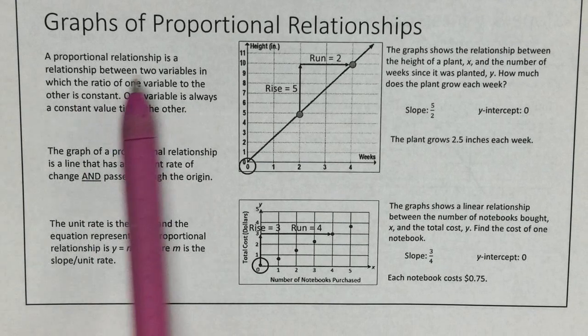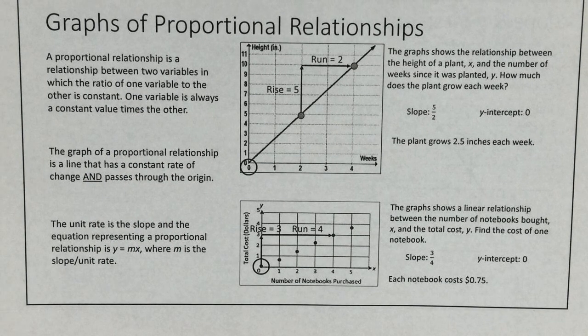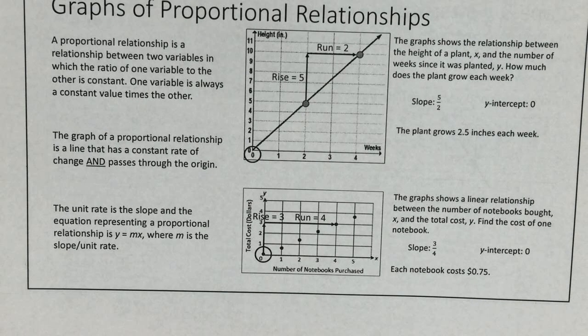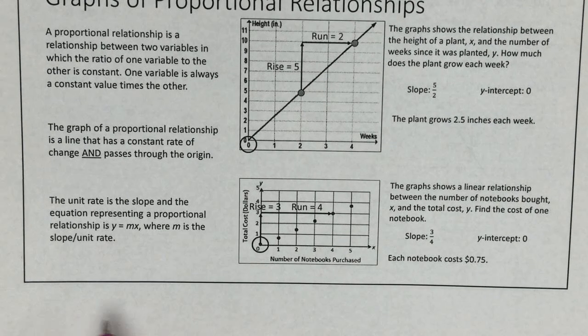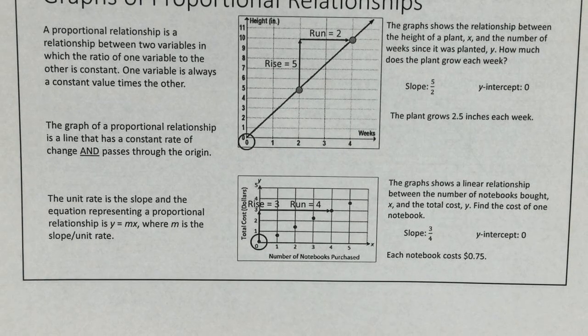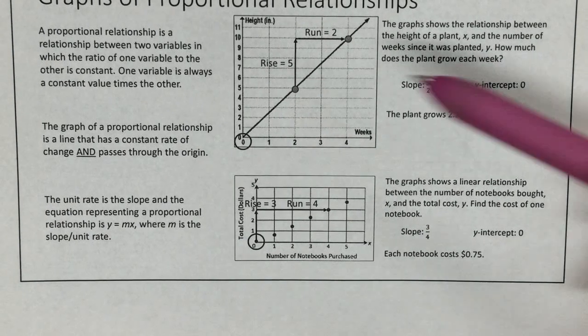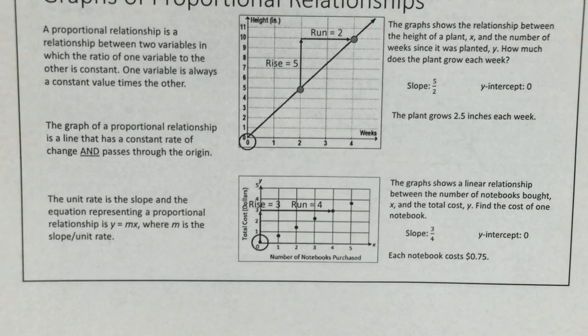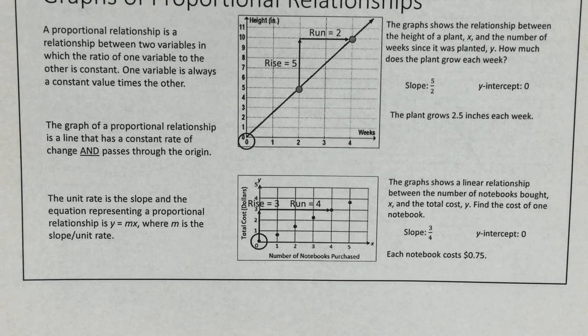So it says a proportional relationship is a relationship between two variables in which the ratio of one variable is constant. One variable is always a constant value times the other. It passes through the origin. It can also be known as the unit rate when you're talking about the slope. You can always use rise over run to find the slope, just like you can when it's non-proportional.